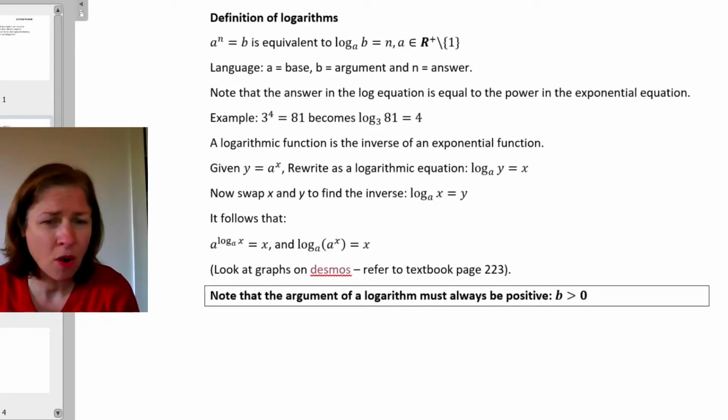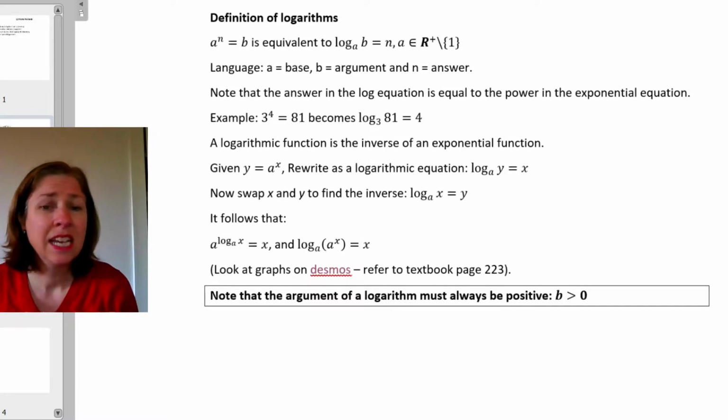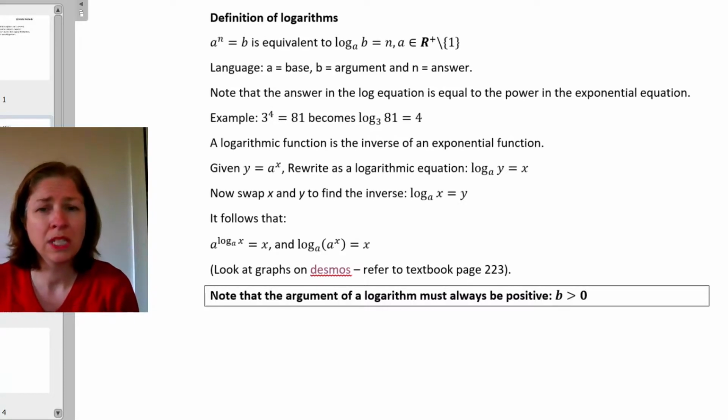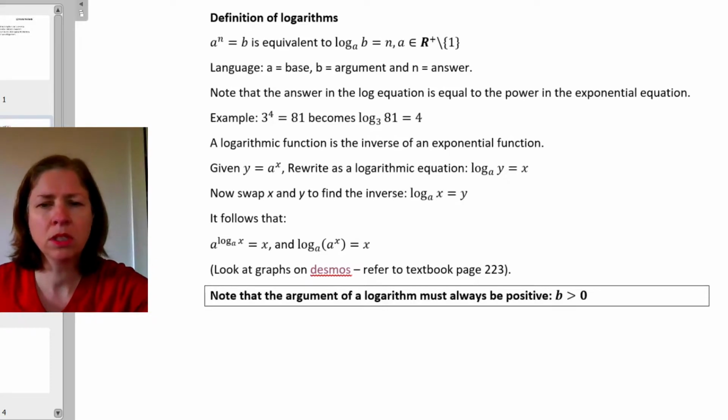So a to the power of log base a of x equals x, when the log is the inside function. And when the log is the outside function, log base a of a to the x also equals x. Now I'm just going to show you something here using Desmos.